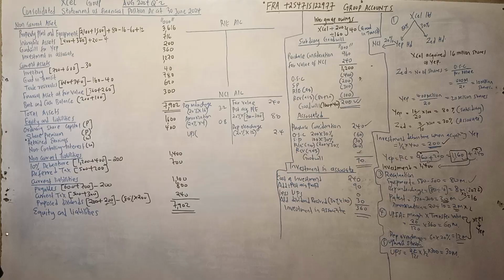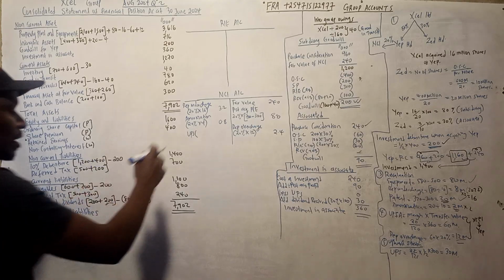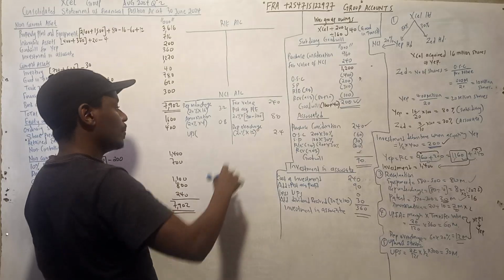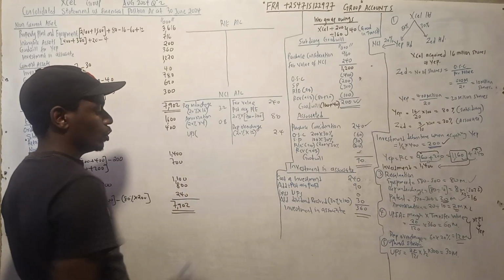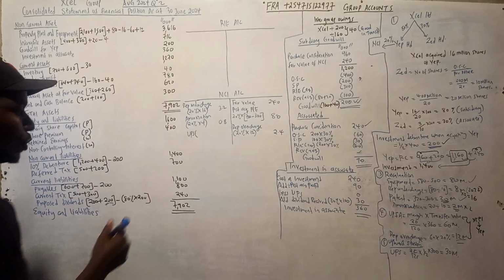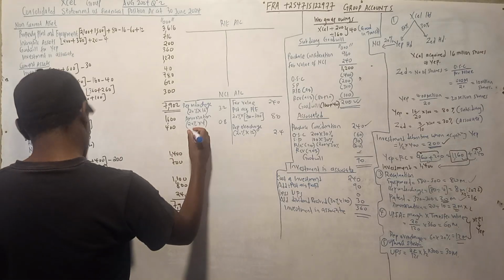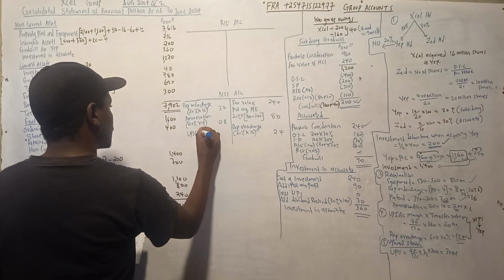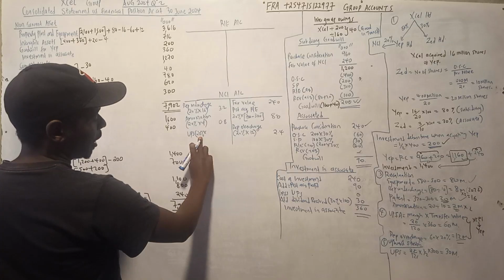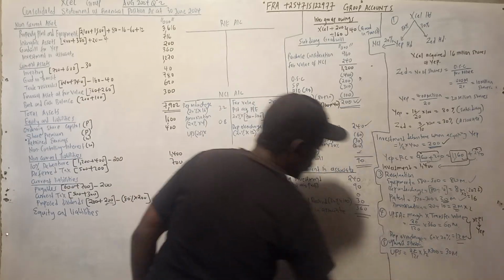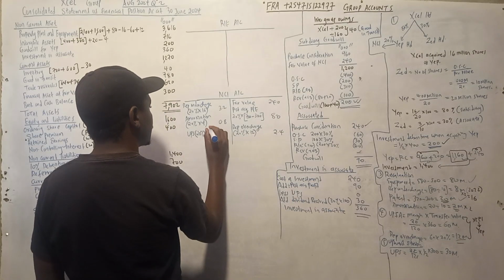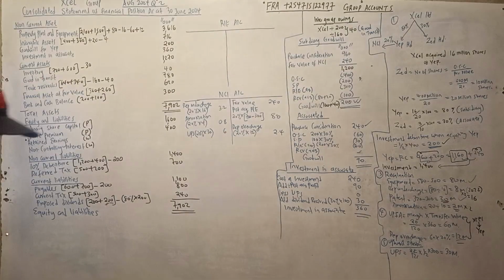Let us confirm if it was upward. Yes, it was upward. YEP sold to Excel, so upward. If it's from Excel to YEP, UPS will not be there. But because it was upward, 20% share of the NCI, you multiply with the upward UPS, which is 30, that will be equal to 6.